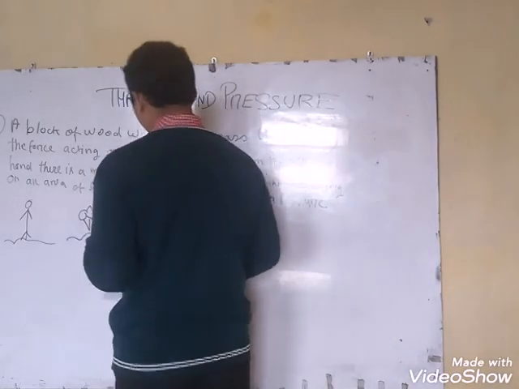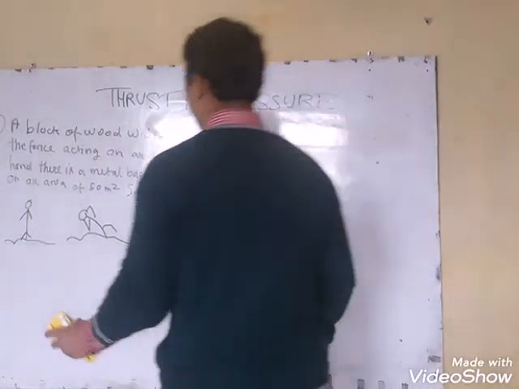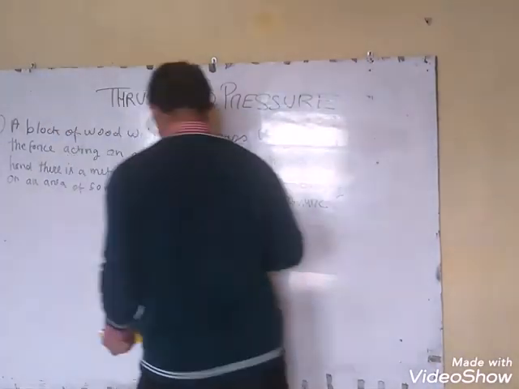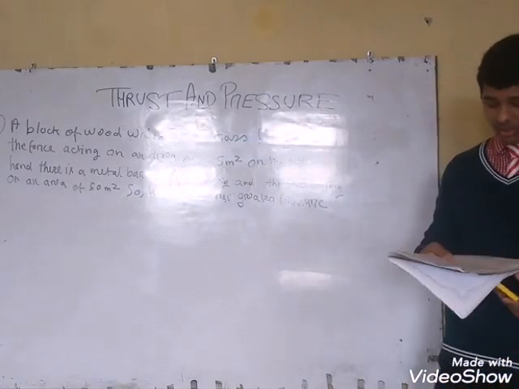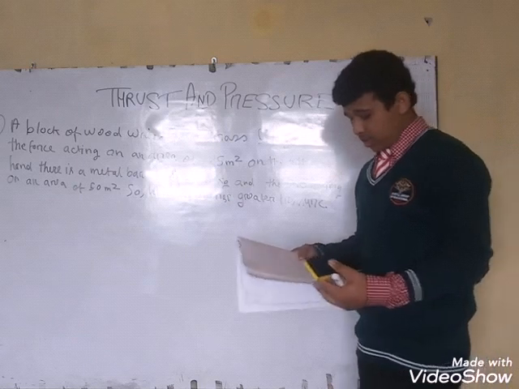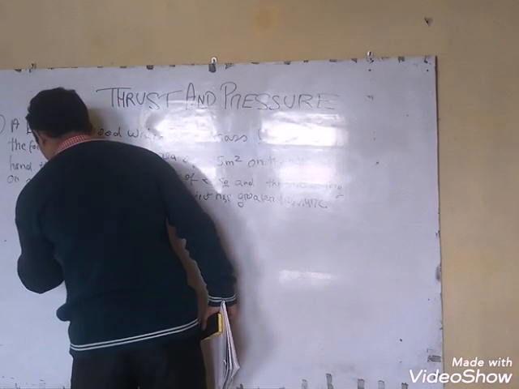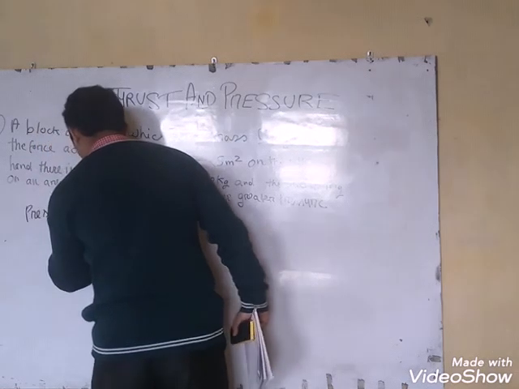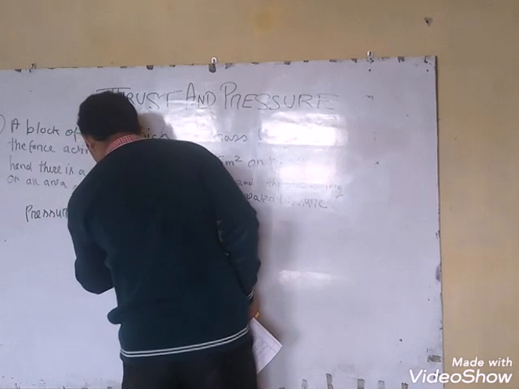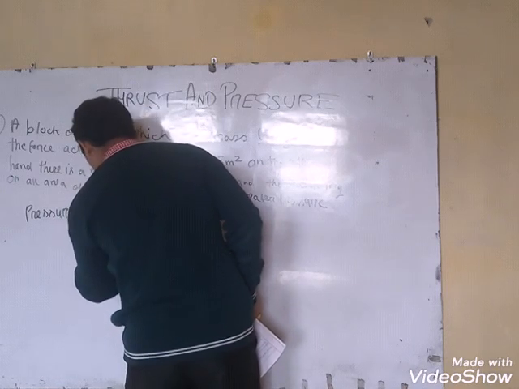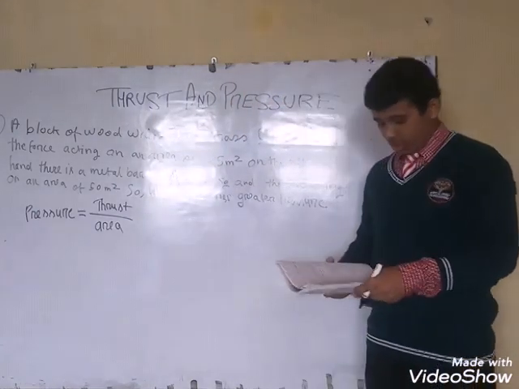So let's talk about pressure. Pressure is the thrust on unit area. The formula of pressure is equal to thrust divided by area.